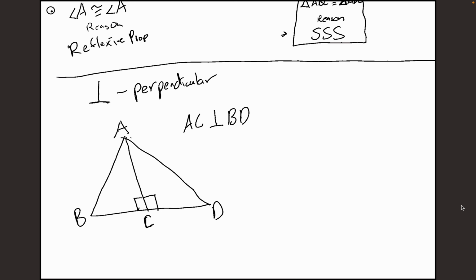So it's like perfectly a cross, where there's a 90-degree angle here, 90-degree angle there. So perpendicular tells us it creates 90-degree angles. If a triangle has a 90-degree angle, what kind of triangle is it? It's a right triangle. So that's what a perpendicular would do.